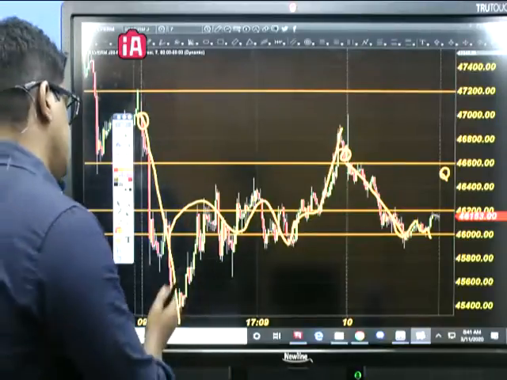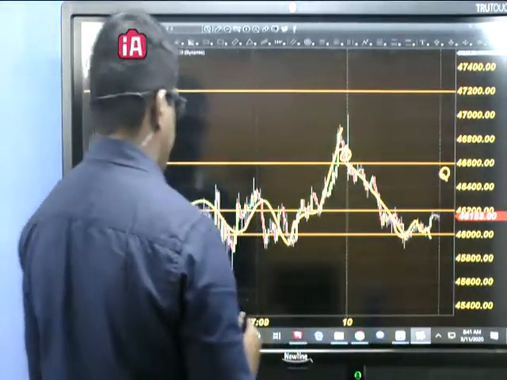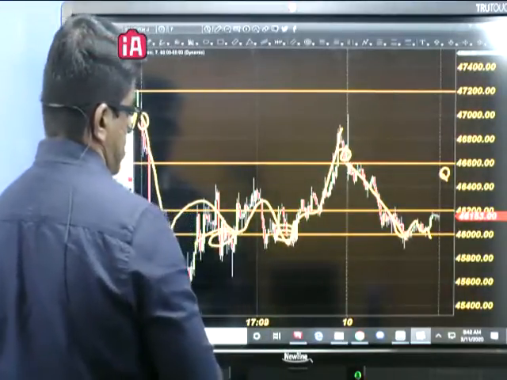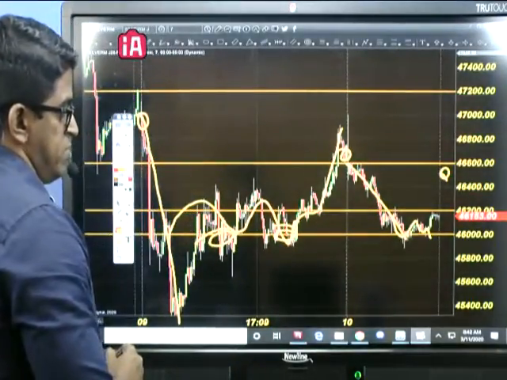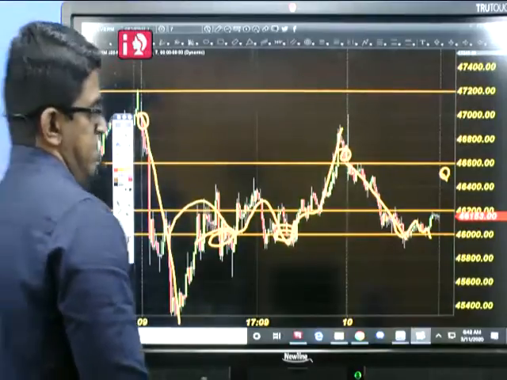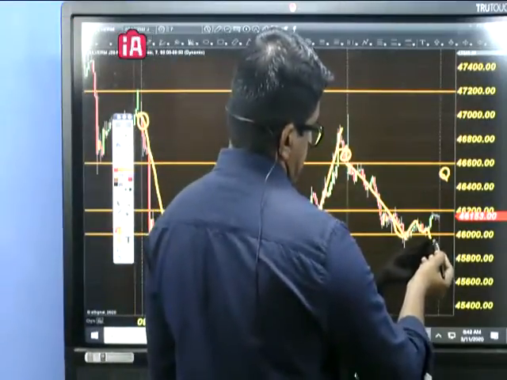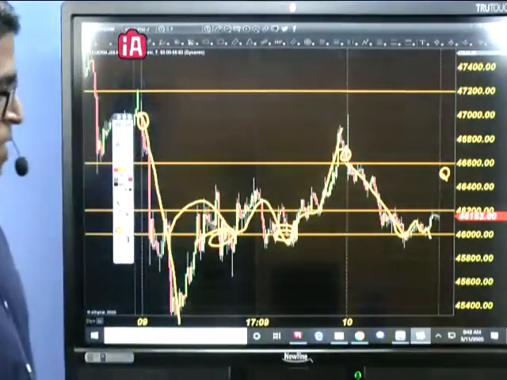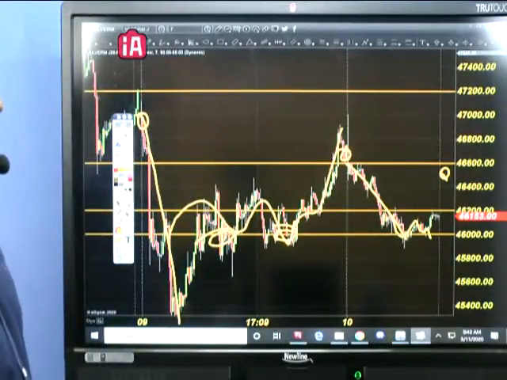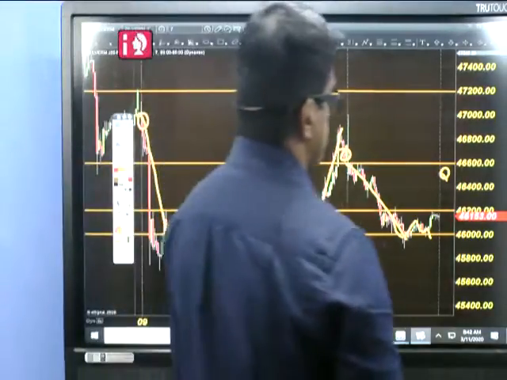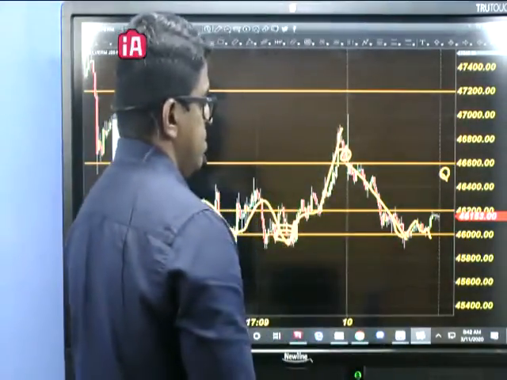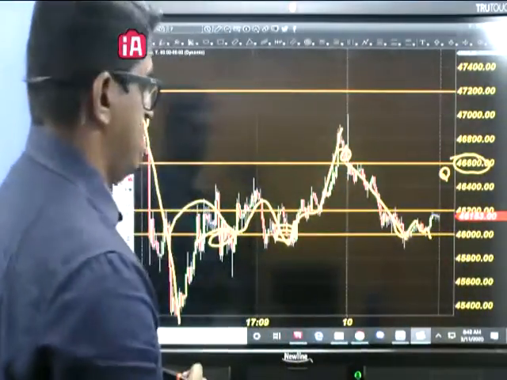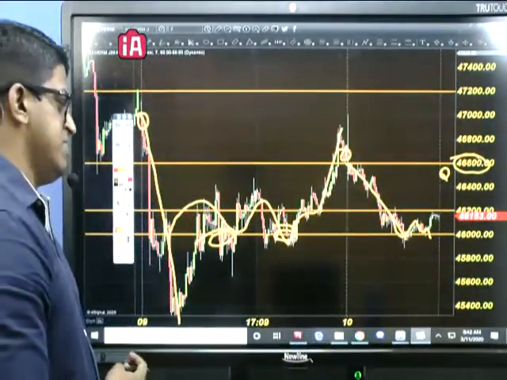If you see the last two trading sessions' price action, there is a consolidation at 46,000. The price didn't come down below 46,000, yesterday the price stayed near 46,000, and today you're getting an opening above this. It shows that you can go for buying in silver. Just see where the price is going to open, but 46,600 cannot be taken as an easy resistance. It's a very tough resistance.